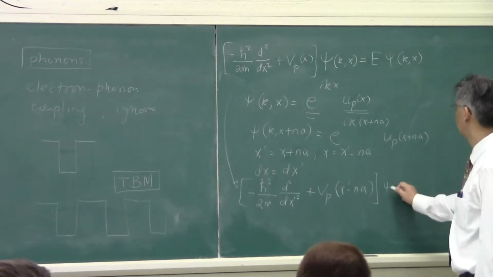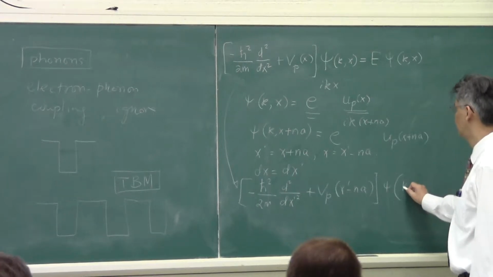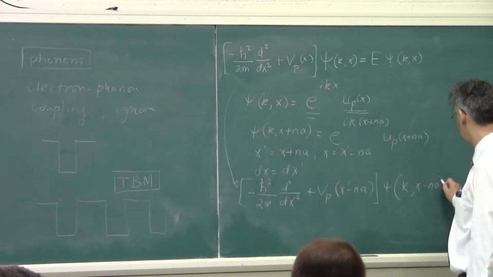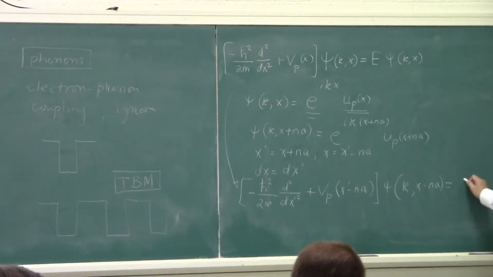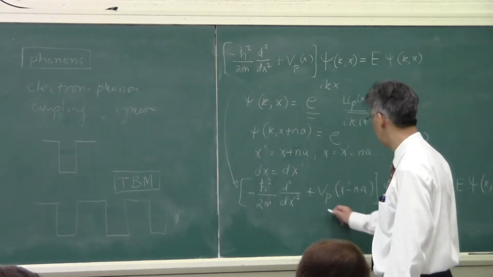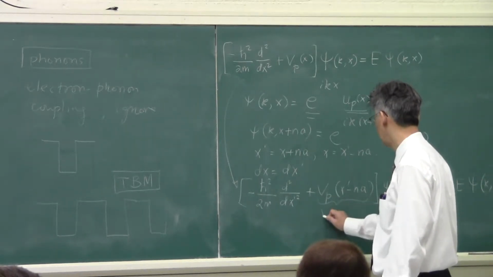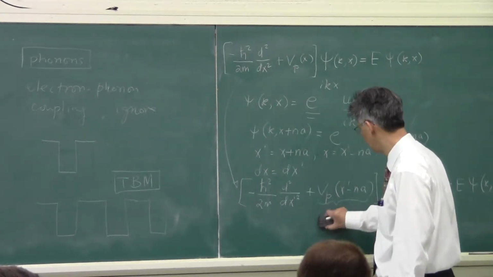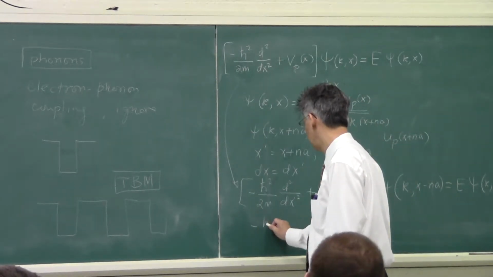Okay, then I will have the wave function at x prime minus na, but this gives me the same thing. If I were to look at this equation, this becomes itself. By definition, this is a periodic potential. This becomes itself again.